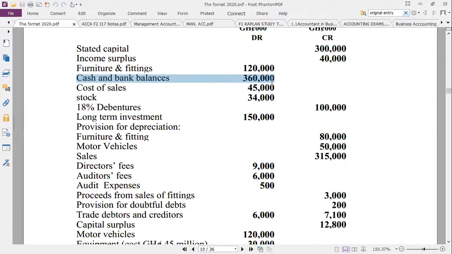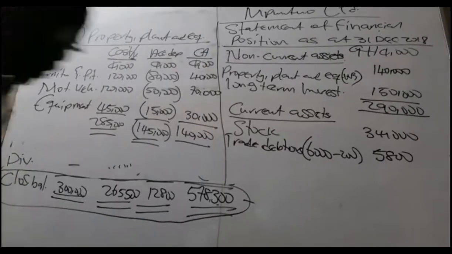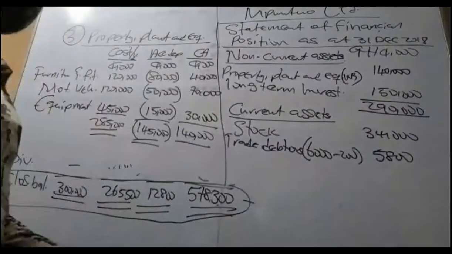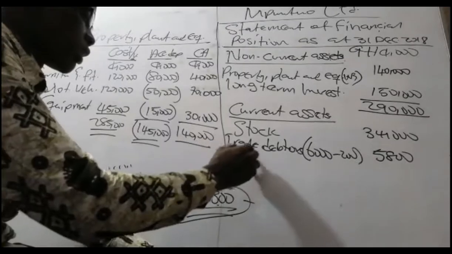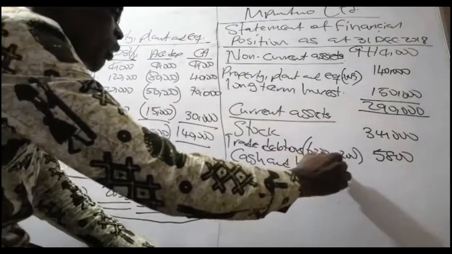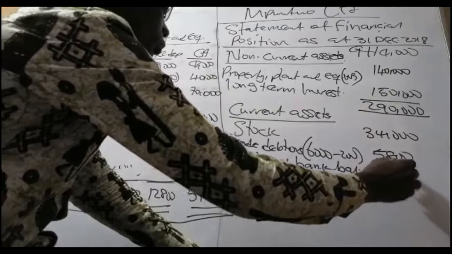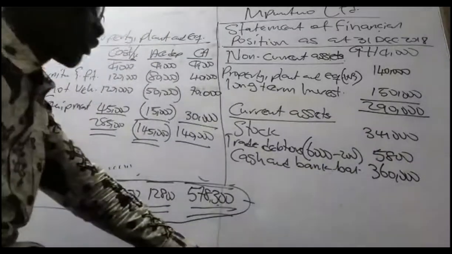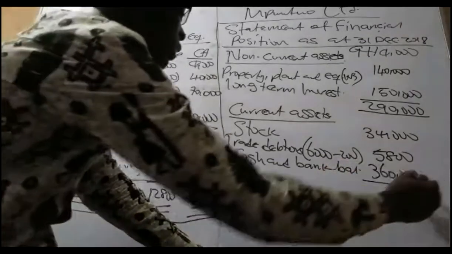So I'll go in for that one too. 360,000. Wow. So cash and bank balance 360,000. So we are done with the current assets.